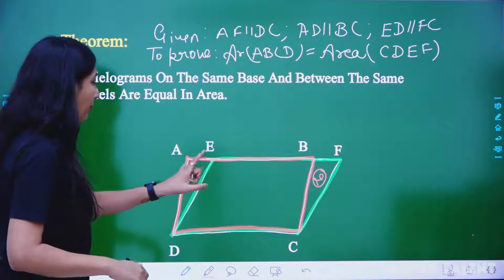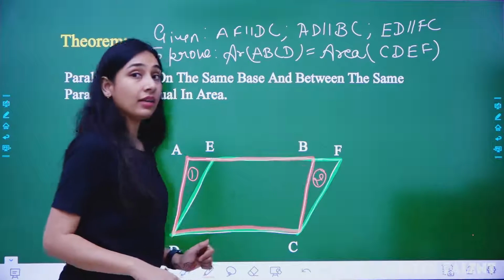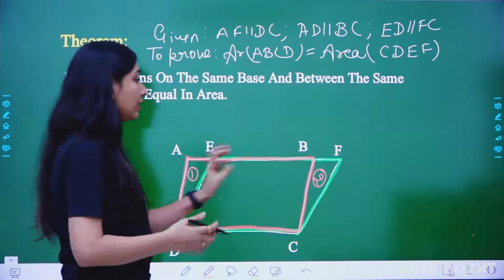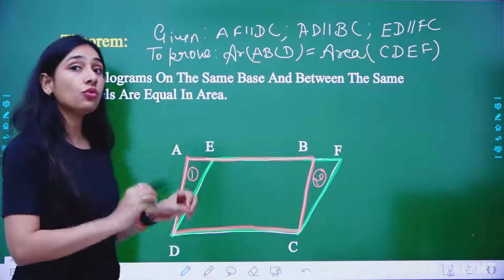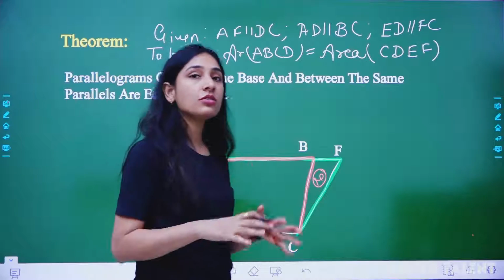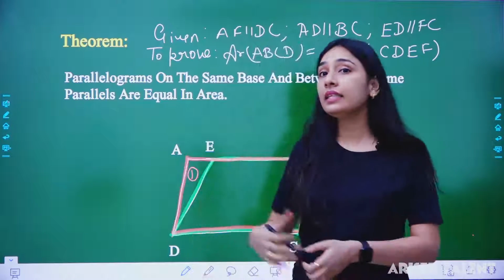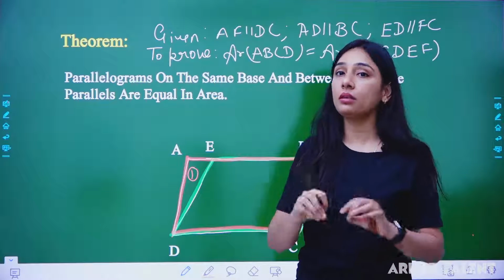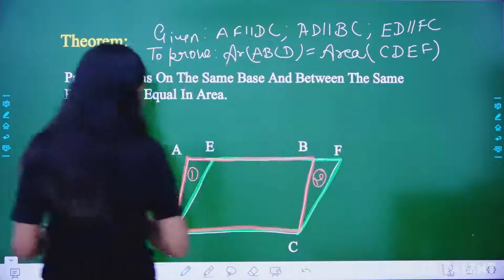Fair enough. Now, I'm going to take this triangle and this triangle and prove these two triangles congruent. If these two triangles are congruent, then they will have the same area.